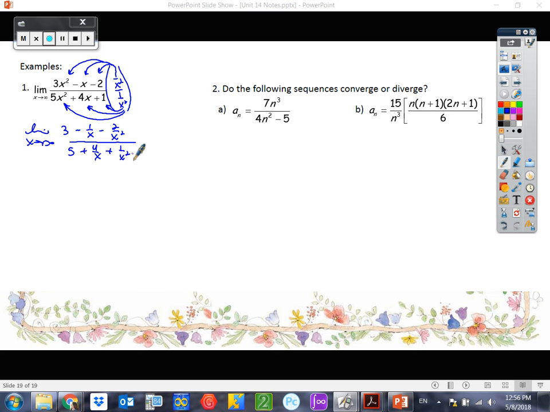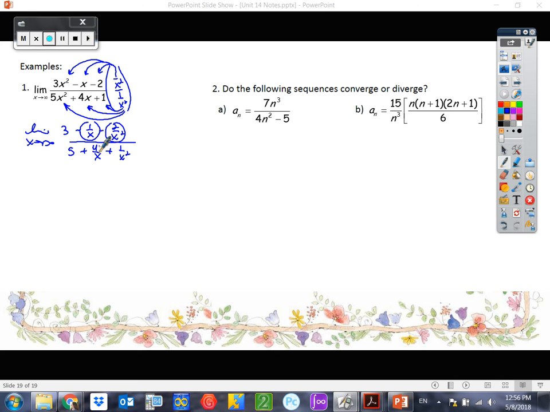Now the reason that we use this technique is so that we can get little pieces of this limit to be in that special form, the special limit that we looked at on the last slide. And notice how this is in that special form. As the denominator grows larger and larger, this fraction is going to tend to 0. And that's going to happen when I have a constant in the numerator and the denominator grows without bound.